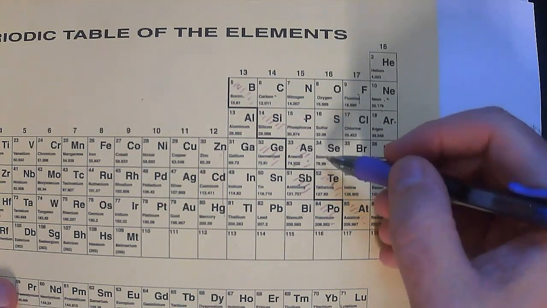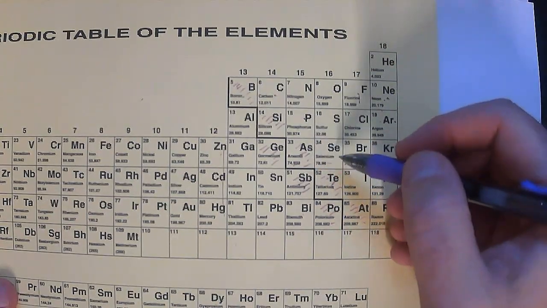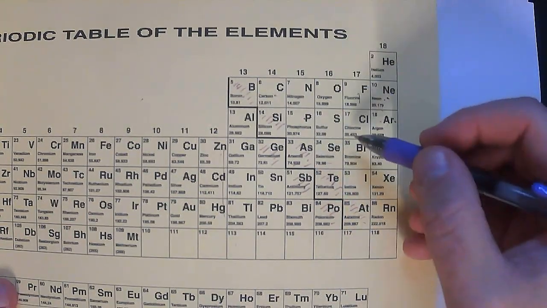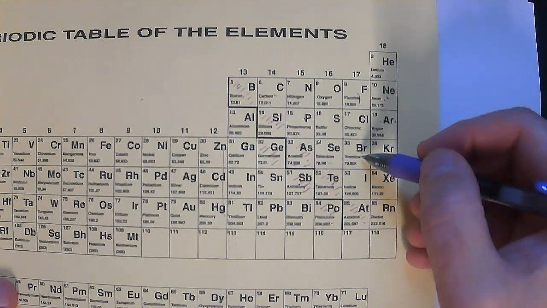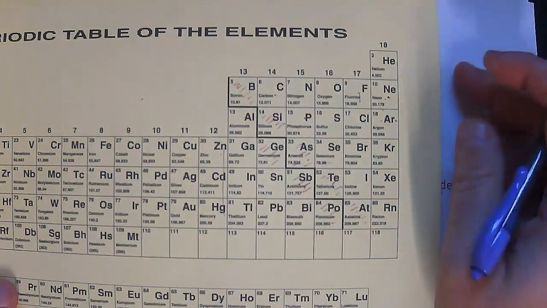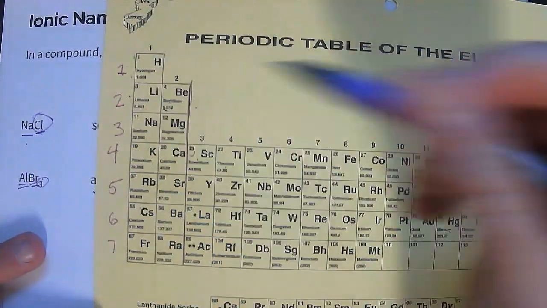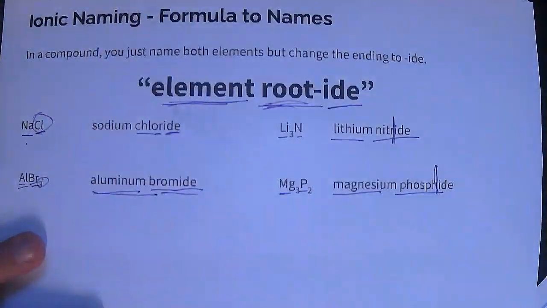So it doesn't change any spelling in the root, it just changes the root pronunciation, so it's selenide. And then bromide for bromine, and iodine turns into iodide. It almost sounds like you have a cold. And then the other nonmetal, remember hydrogen, that turns into hydride.